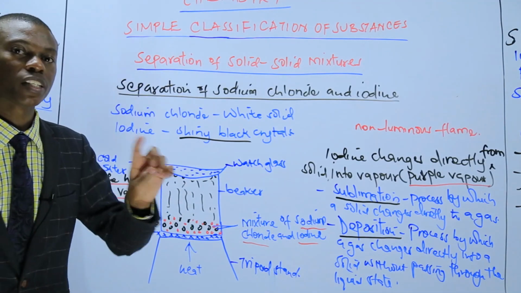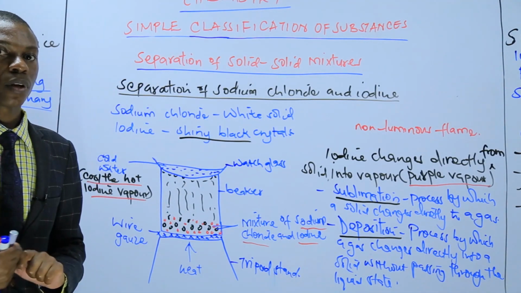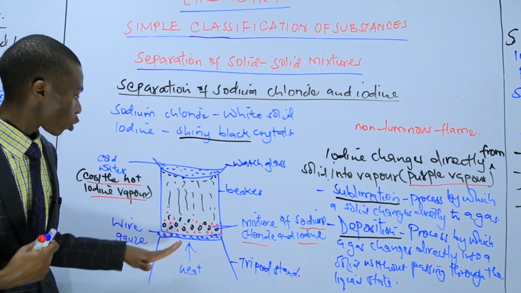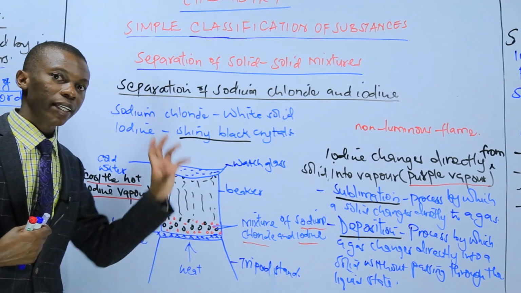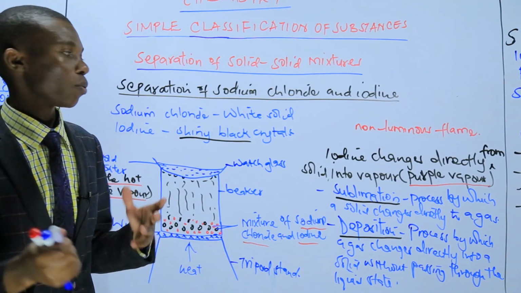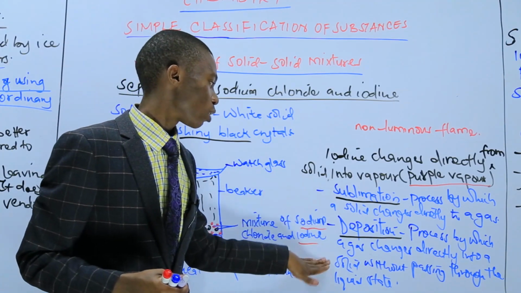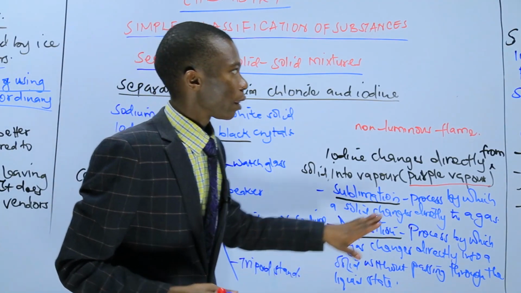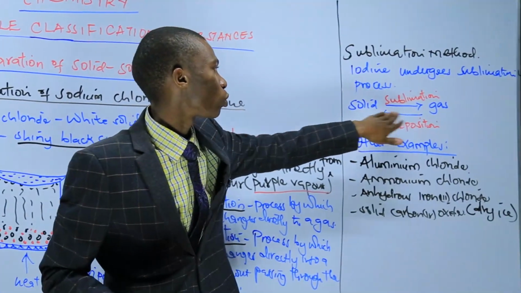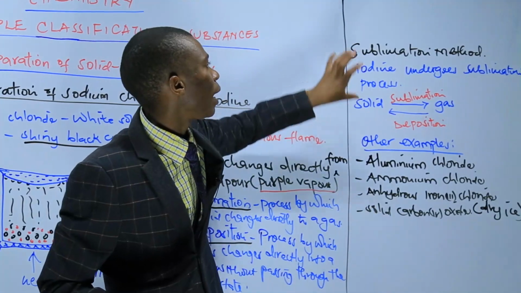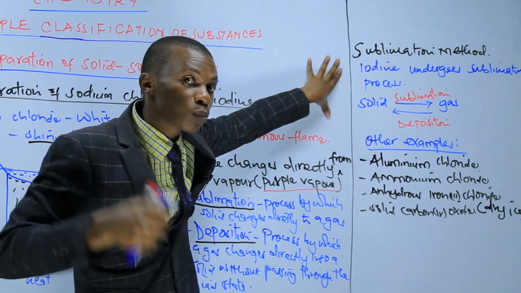Deposition is the change from a gas to a solid directly without passing through the liquid state, while sublimation is the change from a solid directly into a gas without passing through the liquid state. So solid to gas, sublimation; gas to solid, deposition. And iodine is one of the substances which are able to undergo that process.